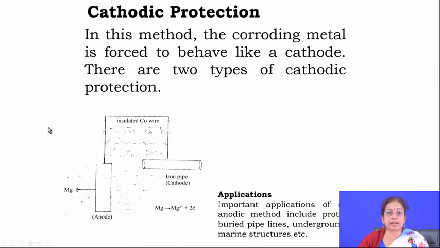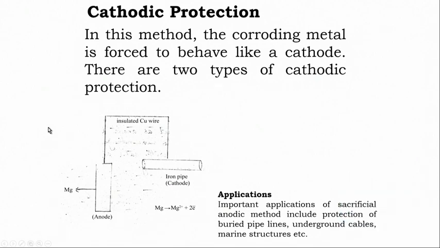Now, the second technique which I will discuss is the cathodic protection system, which can be applied widely for protection of the surface against aqueous corrosion based problems. Cathodic protection is nothing but a technique where you make the component of your choice the cathode. This can be done in two ways.